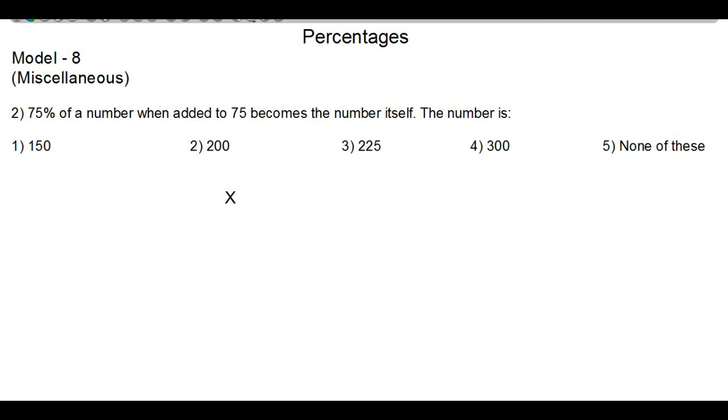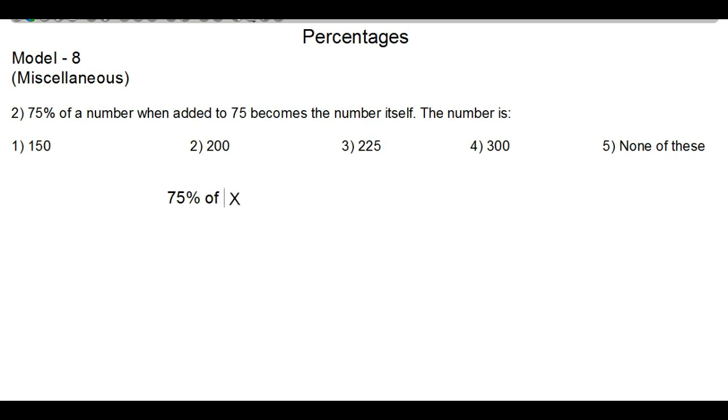Let us now take one more typical example from percentages. The question here is: 75% of a number when added to 75 becomes the number itself. What is the number? It appears a little complicated, but this is a very simple question. Let us assume that the number is x. 75% of a number means 75% of x.